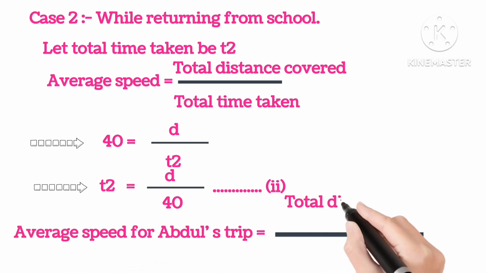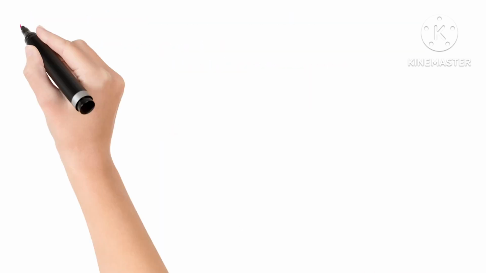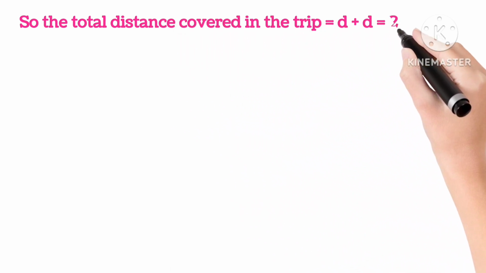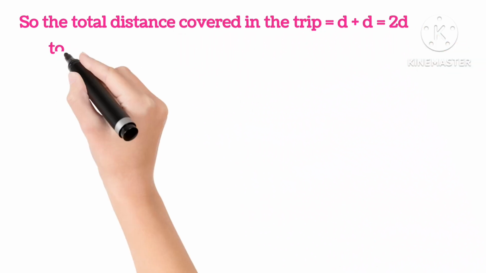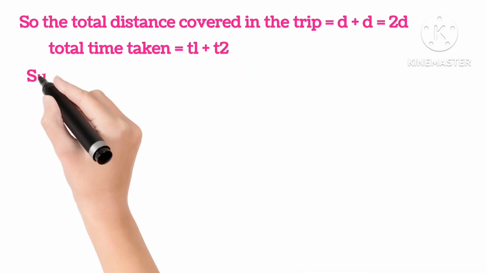Now the average speed for Abdul's trip will be total distance covered in the trip upon total time taken. So the total distance covered will be d plus d, that is 2d, and the total time taken is t1 plus t2.